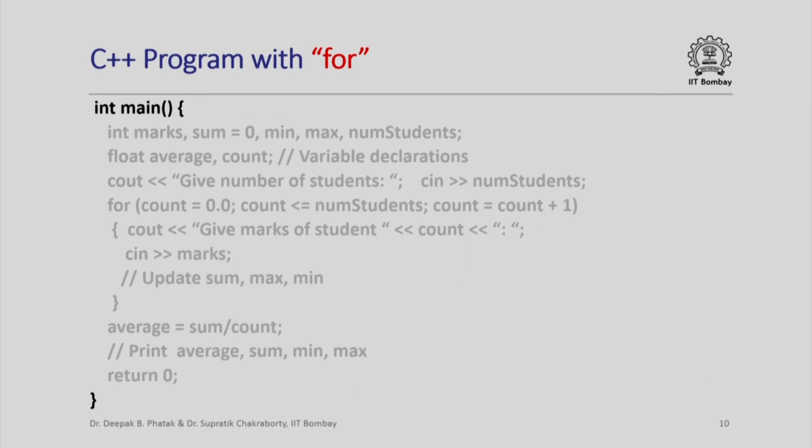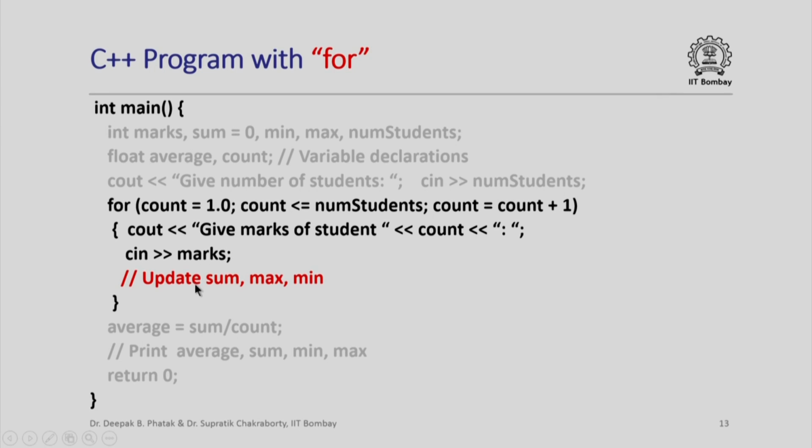We have the main function, and then we have our usual variable declarations. We have already seen these earlier in a previous lecture. We ask for the number of students and input the number of students, and now we have our for loop where we are initializing the value of count, checking the loop condition whether count is less than or equal to number of students, writing that count must be incremented by 1, and then inside the body of the for loop we ask for the marks of each student, read in the marks and update the aggregate sum, max and min.